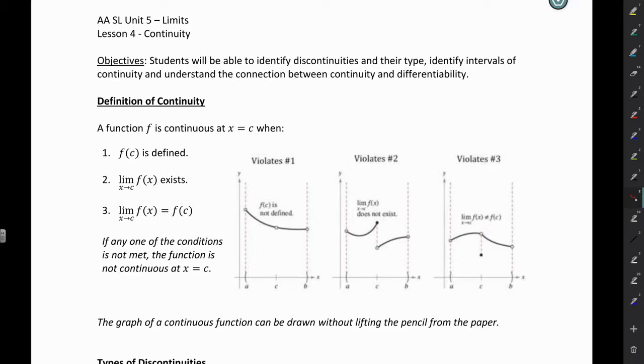They don't match. So if any one of these conditions is not met, the function is not continuous at x equals c. Now here's a really easy way to think of continuity. The graph of a continuous function can be drawn without ever lifting your pencil from the paper. So if you have to lift your pencil from the paper, the graph is not continuous.